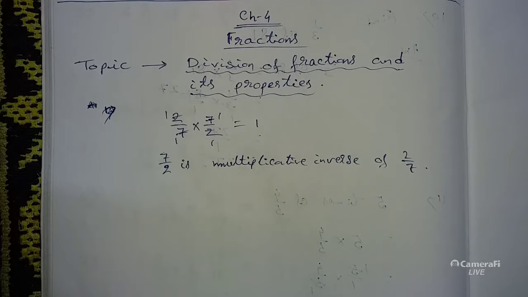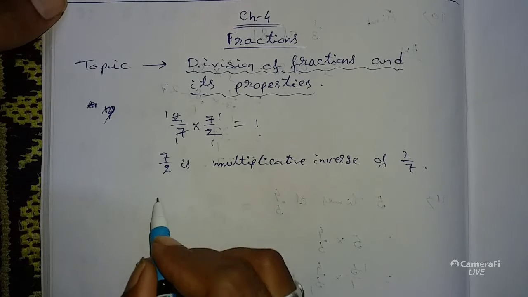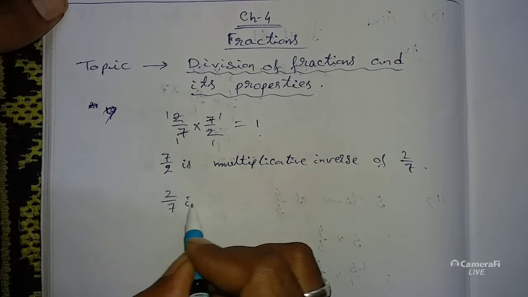Now, what is reciprocal? This multiplicative inverse is also called the reciprocal of the fraction. So, we can say 7 by 2 is the reciprocal of 2 by 7. Moreover, 2 by 7 is the reciprocal of 7 by 2.